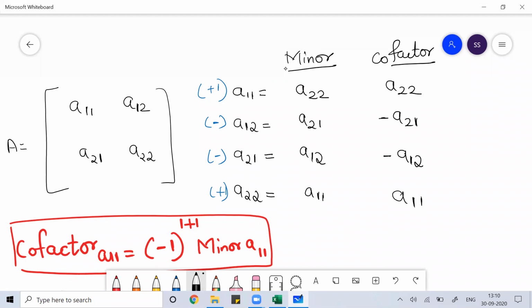We are just putting the sign over each element; over the minor, if you put the sign, what you get is the cofactor. Clear, everyone? Everyone understood this?